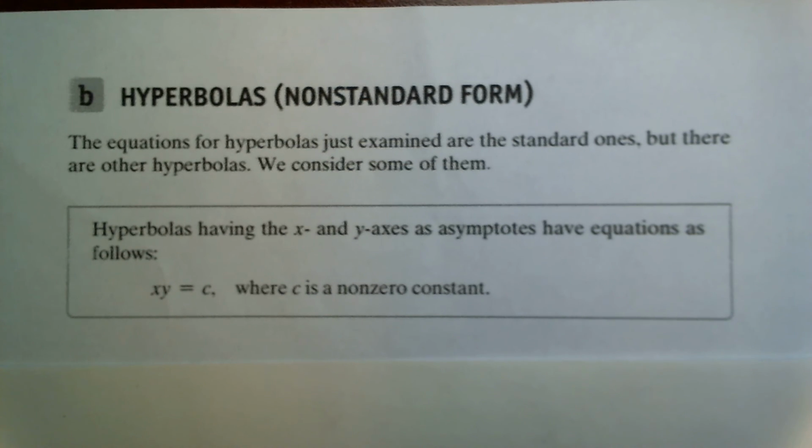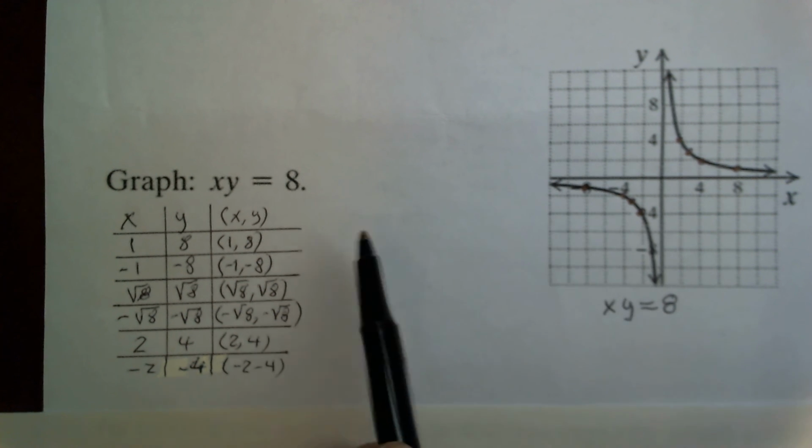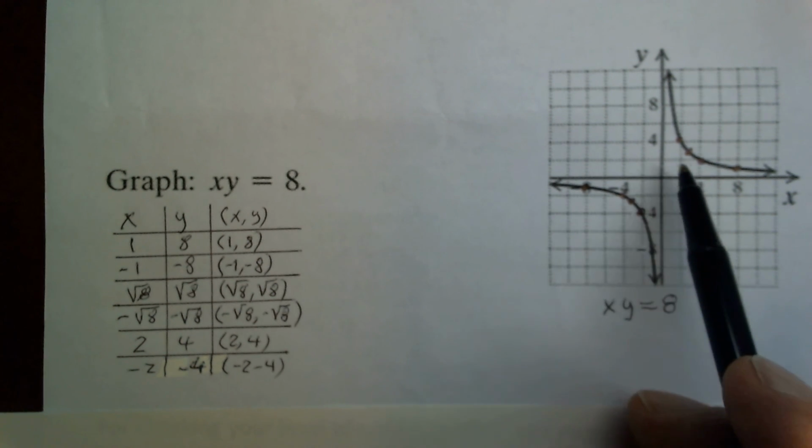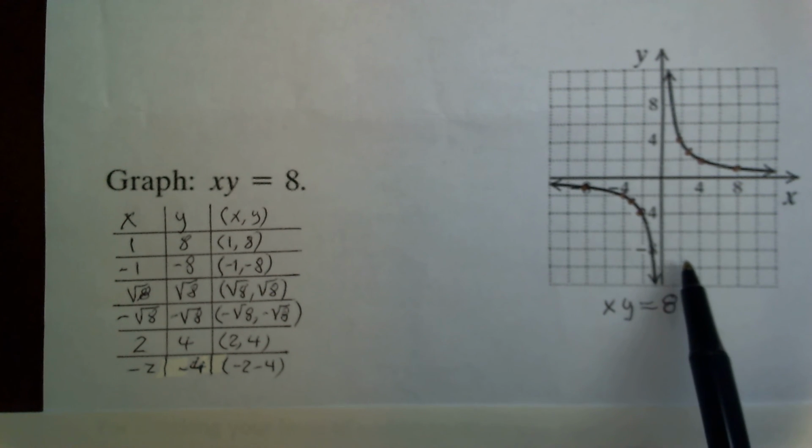To explain this, we will look at an example. To graph this equation, we make a simple table of values. We pick some values for x, use the corresponding values for y, and have our ordered pairs. As we plot these ordered pairs, we get the graph of the equation. So this is a graph of the equation x times y equals 8, with the x-axis and the y-axis as asymptotes.